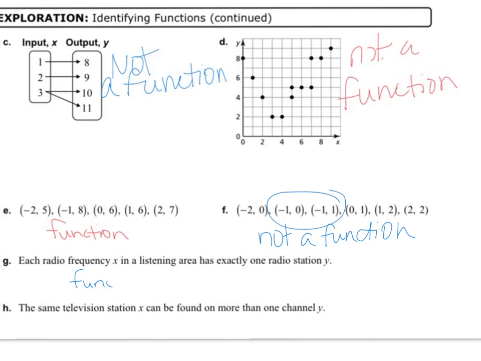For each input, there's exactly one output. And then H, the same television station X can be found on more than one channel Y. Well, this is an example of something that would not be a function, because if my output can be the same, there's more than one Y, they can't all have the same X, so not a function.